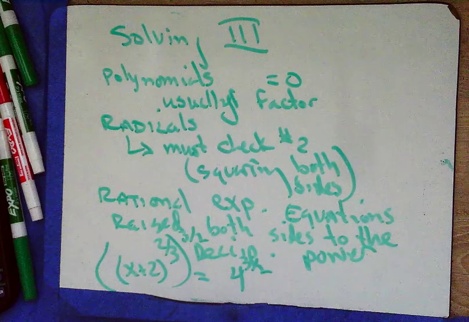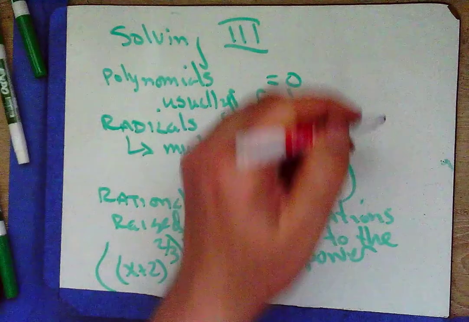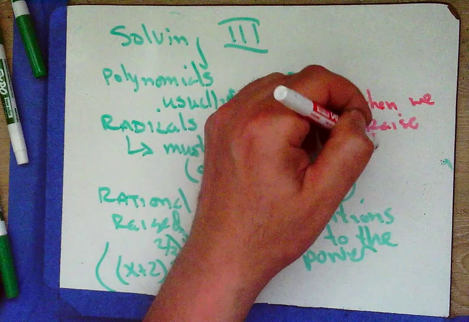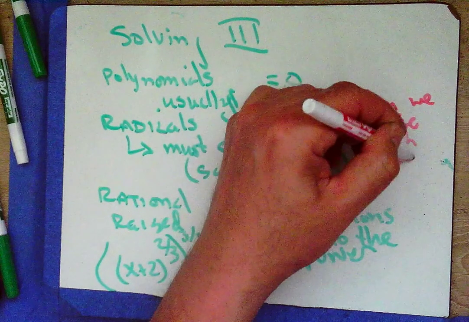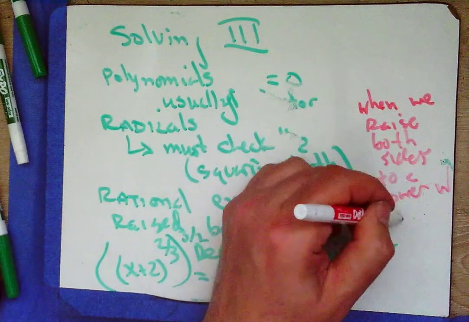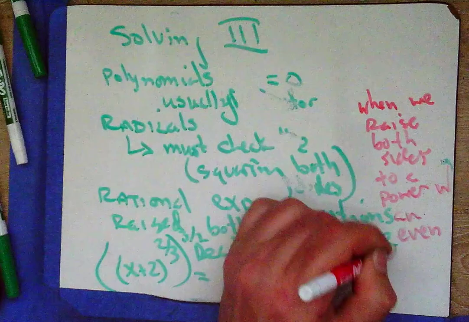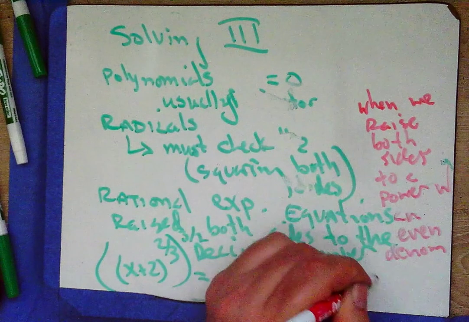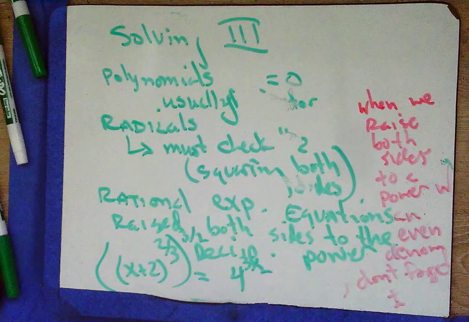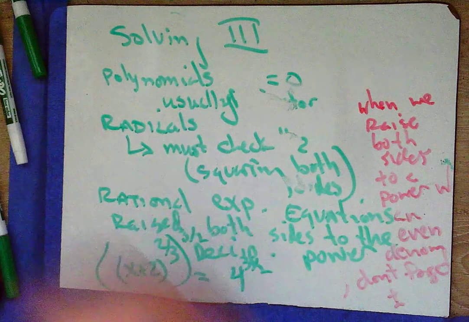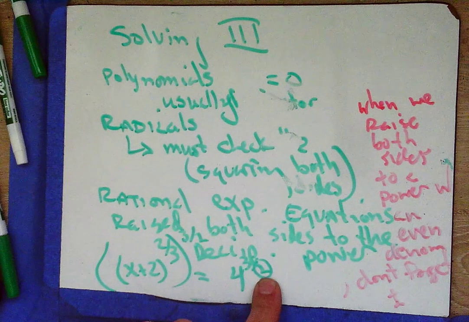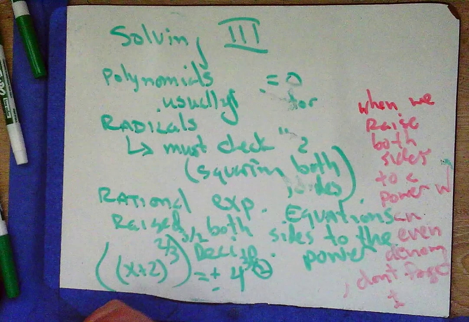Remember, when we raise both sides to a power with an even denominator, don't forget the plus and minus. Okay? Don't forget that plus and minus. So if I raise both sides to the 3/2 power, I have an even denominator. That means I'm going to need a plus and minus here.